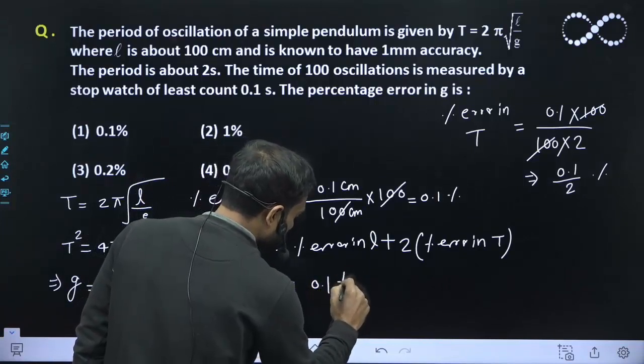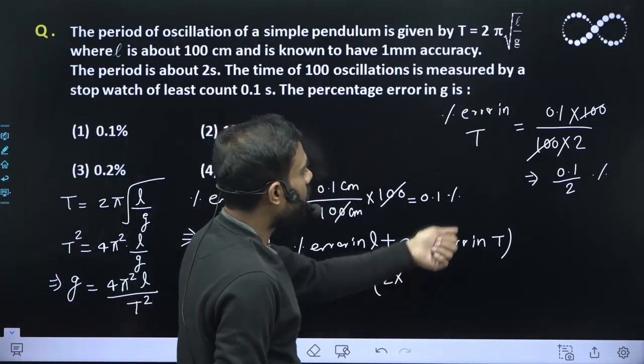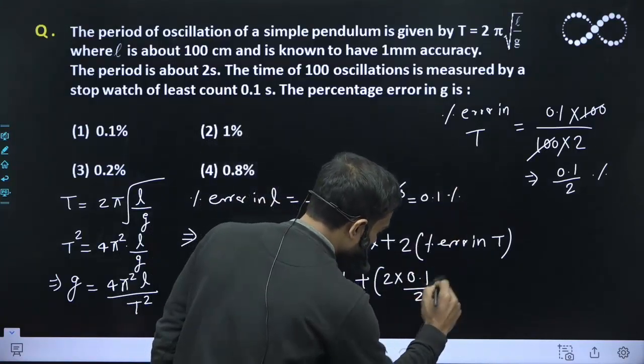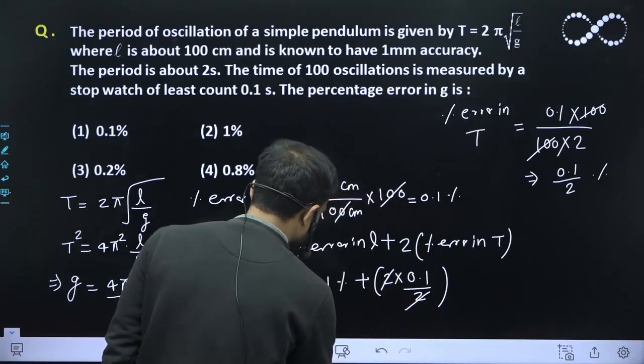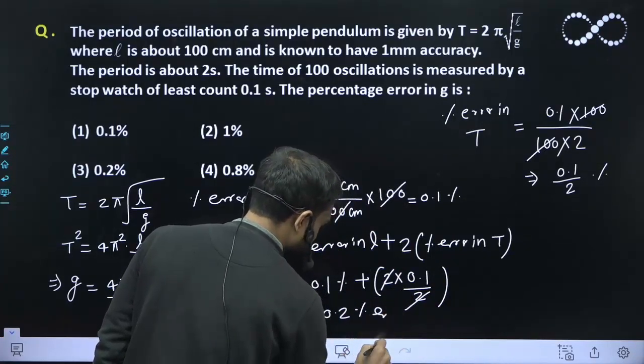So 0.1% plus 2 into the percentage error in capital T, which is 0.1 divided by 2. So that will get cancelled out, and it is coming 0.2%. So that will be the answer.